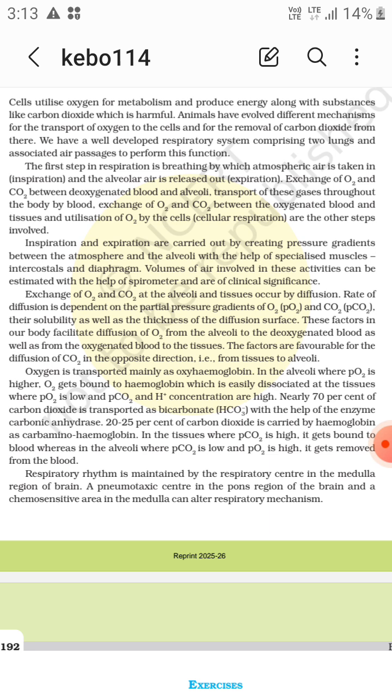Nearly 70% of the carbon dioxide is transported as bicarbonate with the help of the enzyme carbonic anhydrase. Now 20 to 25% of carbon dioxide is carried by hemoglobin as carbaminohemoglobin.